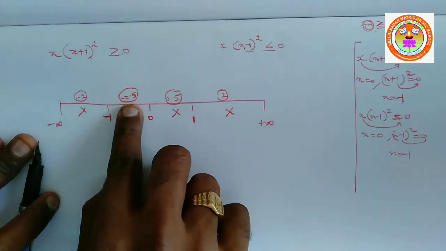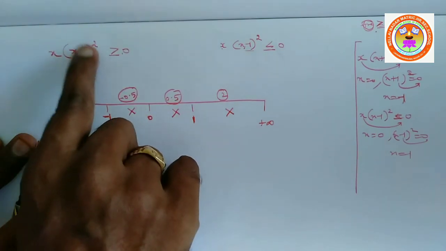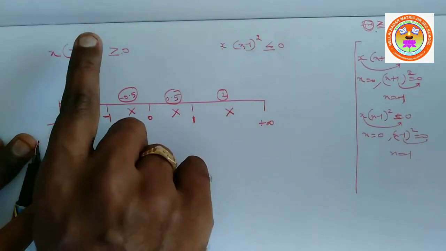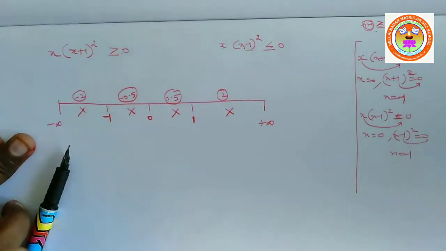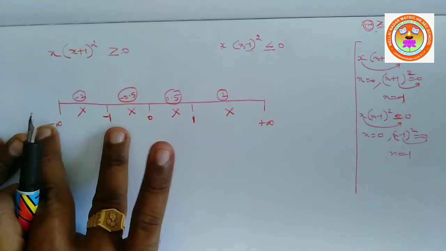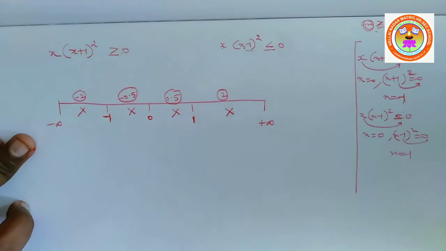If I take minus 0.5, it is not possible. 0.5 is possible here, but not possible there. 2 is possible here, but not there. The two inequalities should both be satisfied, then only can we move on. So the intervals are impossible. Now I am taking minus 1, 0, and 1 as critical values.